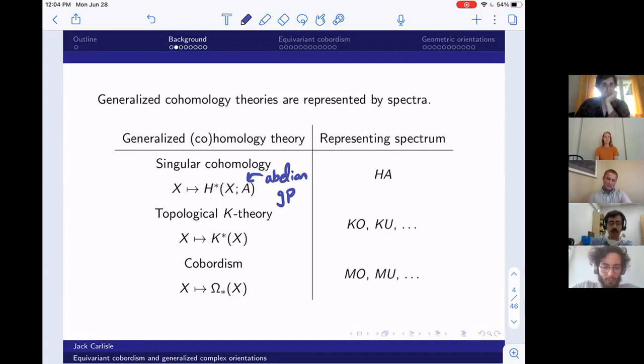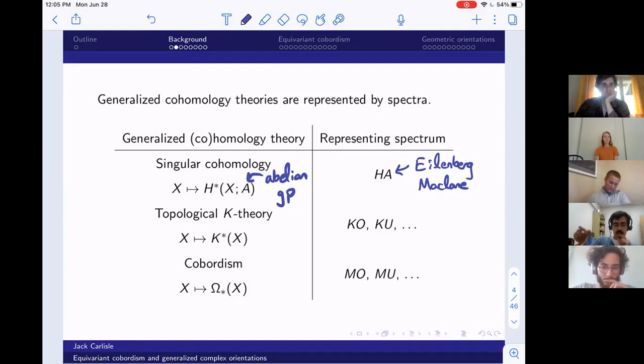In the case of singular cohomology, the associated spectrum is denoted HA, and it's called the Eilenberg-MacLane spectrum. This is characterized by a certain universal property, which I won't necessarily state, but perhaps you're thinking of it if you're familiar with this stuff.